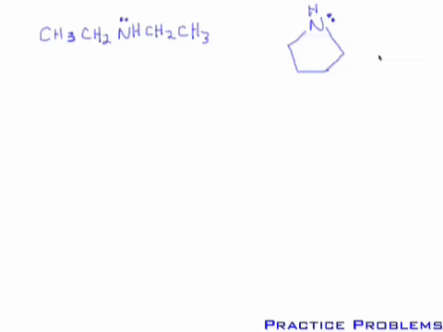Who is a stronger base and why? What do you think? Have you picked one? I'll give you a moment. Just pick one off the top of your head and see if you can at least get an idea ahead of time of which one you would think would be the stronger base.